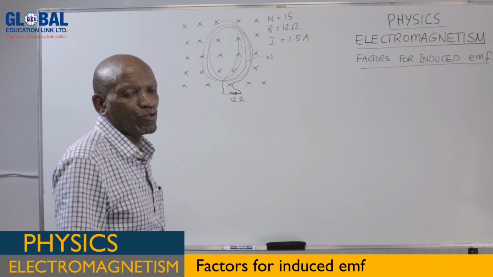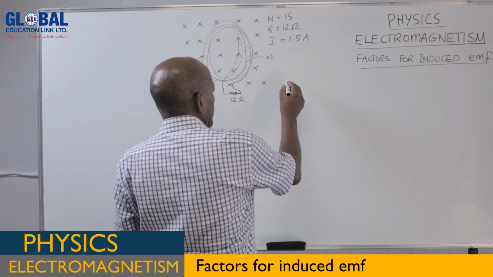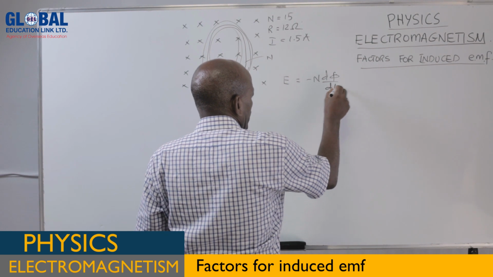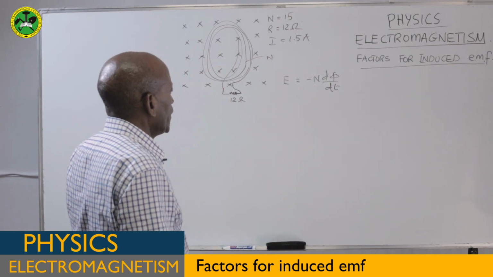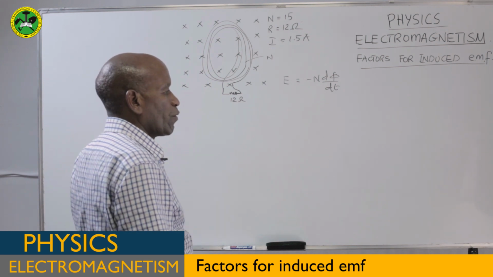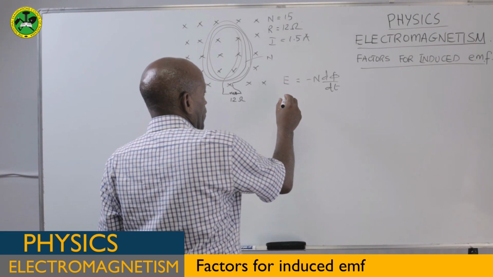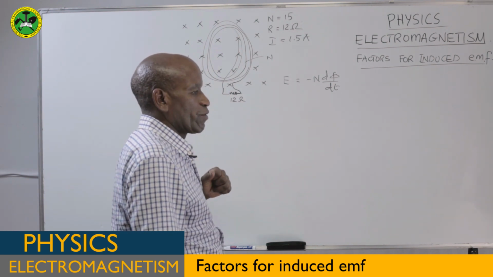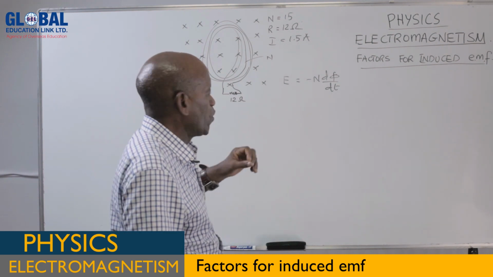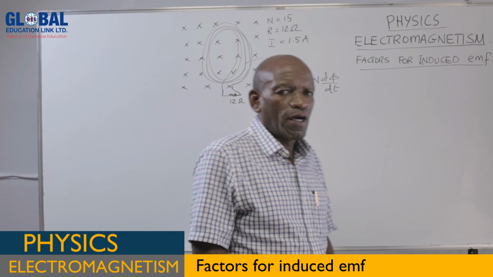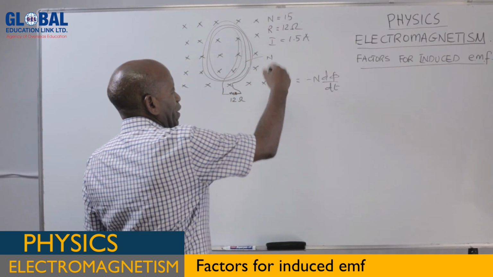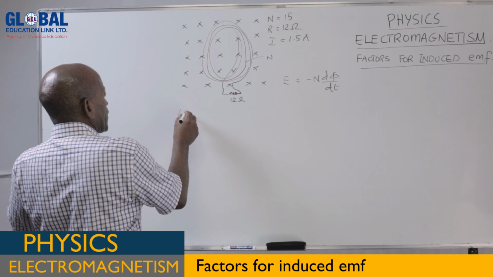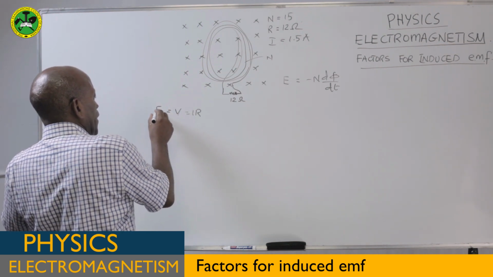Here we rely on Faraday's law. From Faraday's law, E is equal to minus d phi by dt, and the EMF E is what we need to find first. From Ohm's law, we know that V is equal to IR, and this is like the EMF.